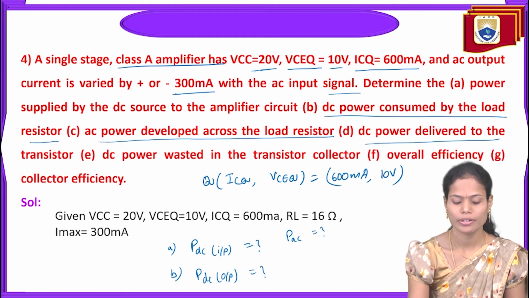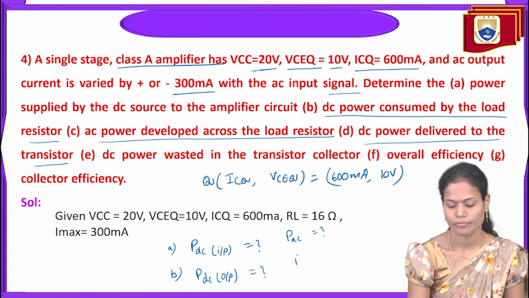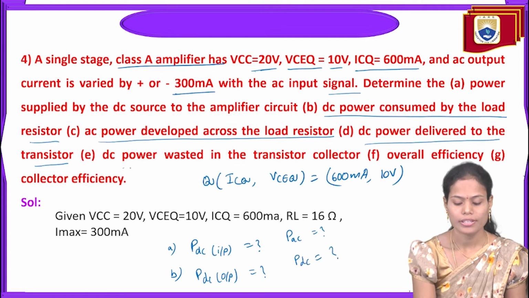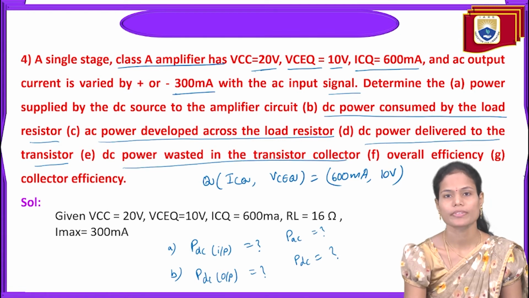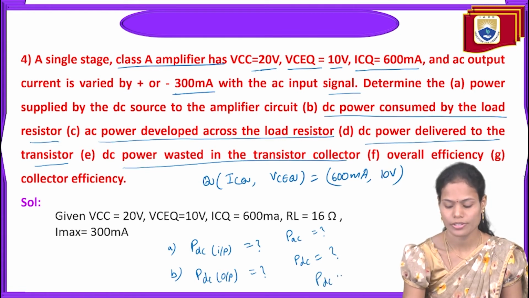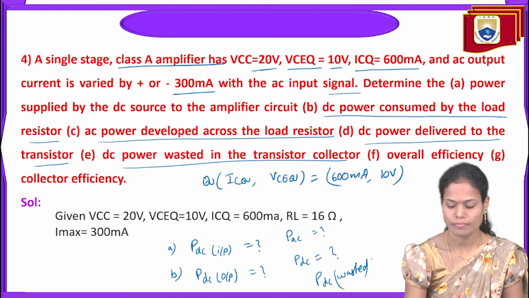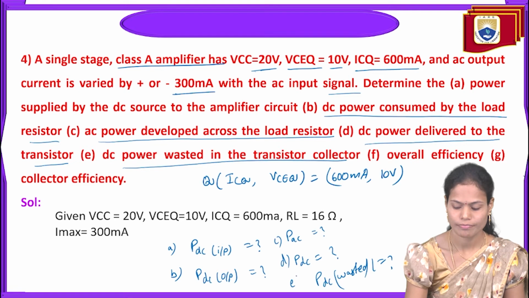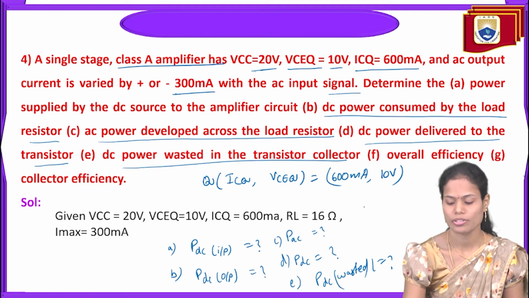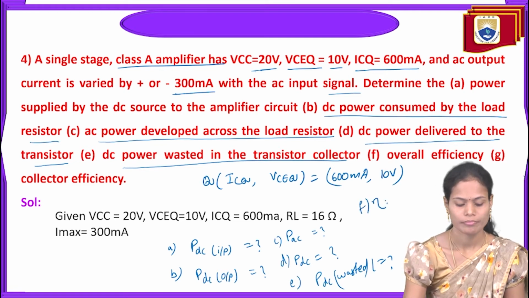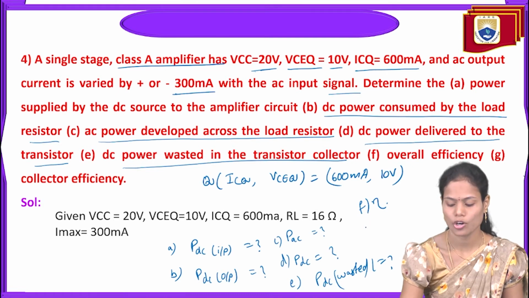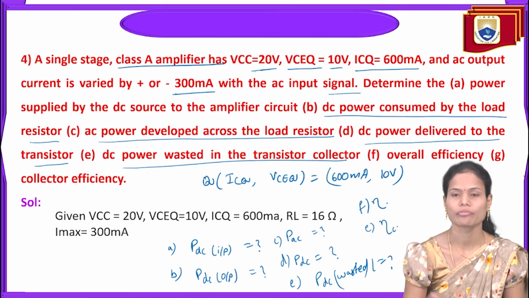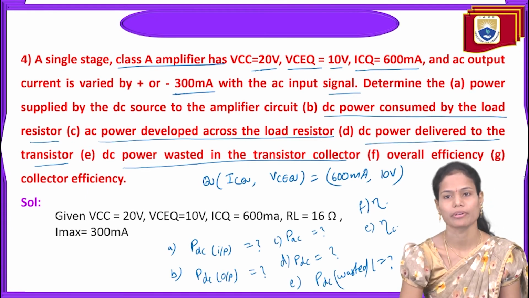Next, the DC power delivered to the transistor, and the DC power wasted in the transistor collector. And next, we need to calculate the overall efficiency of the circuit, and also the collector efficiency. So these are the parameters we need to calculate for the class A power amplifier.